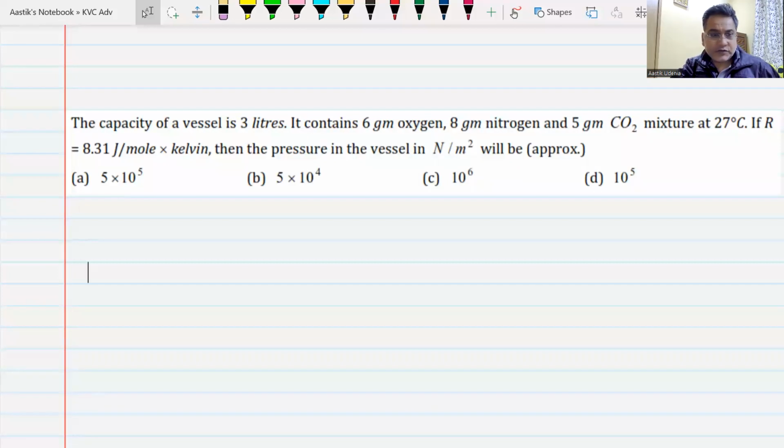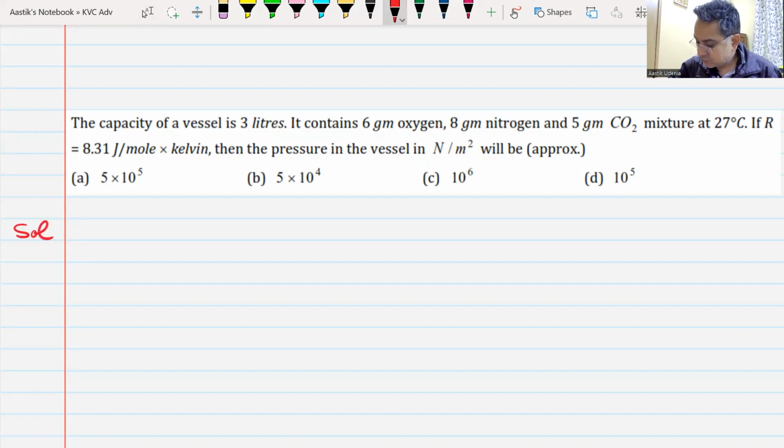So how are we supposed to do this? We just need to find out the individual pressures. Yes or no? Total pressure P will be P1 plus P2 plus P3.